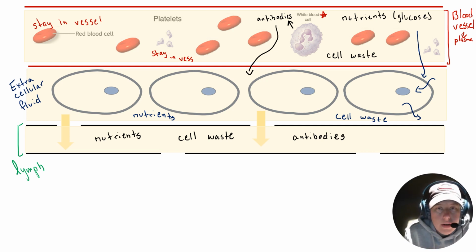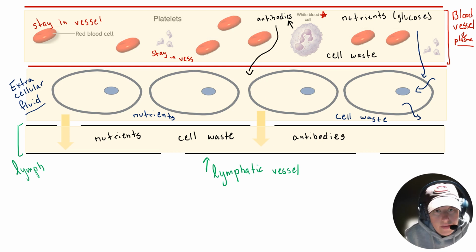If this fluid is in the blood vessel, we call it plasma. If this fluid is in the spaces between the cells of the tissues of the body, we call it extracellular fluid. And if this fluid is in our lymphatic vessels, we call it lymph.